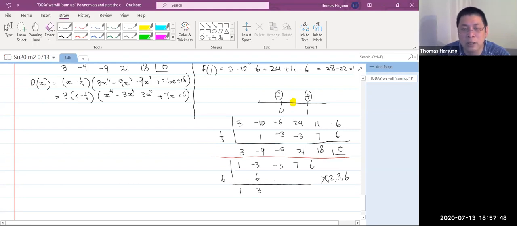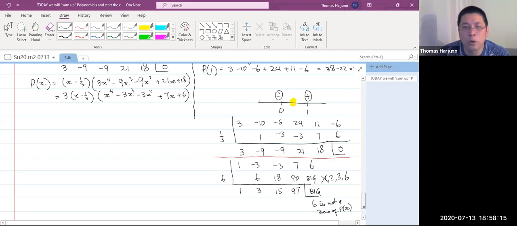This is 3. This is 18. This is 15. This is 90. This is 97. This is a very big number. So 6 is not a 0 of px.